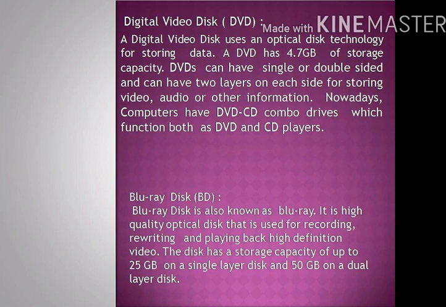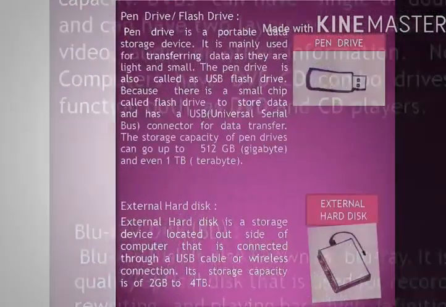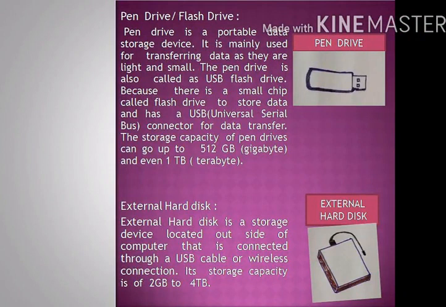The disc has a storage capacity of up to 25 GB on a single layer disc and 50 GB on a dual layer disc. The next slide is about pen drives or flash drives and external hard disk.